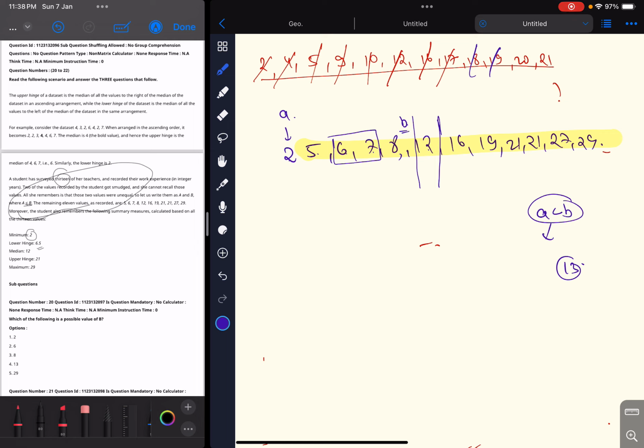Now this is done, and upper hinge is 21, okay.